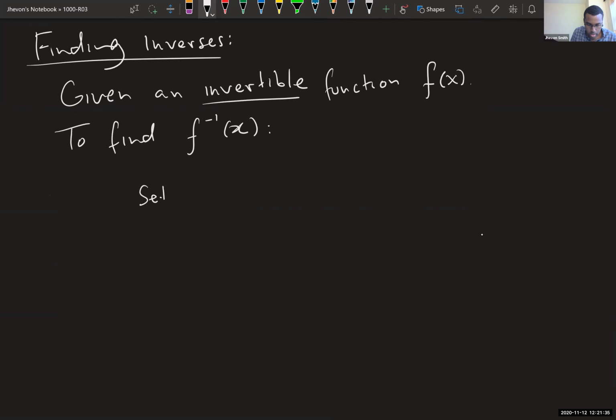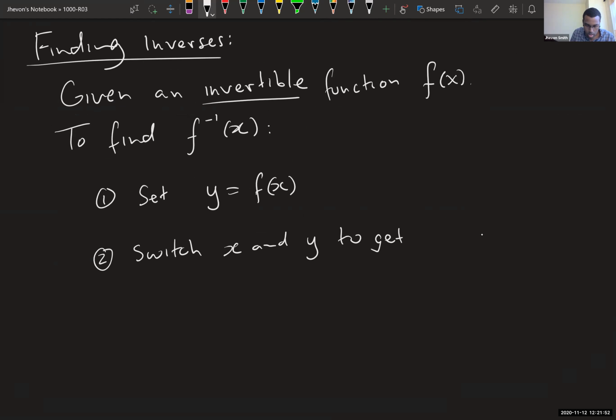First, you set y equals f of x. The second thing is you switch x and y. So you would get x equals f of y at this point.